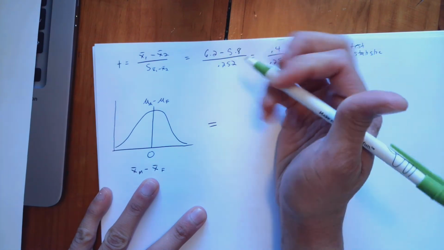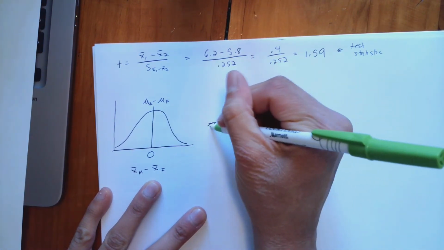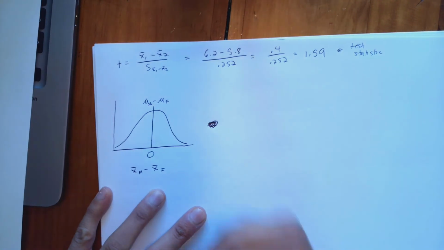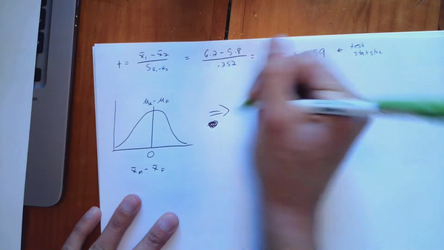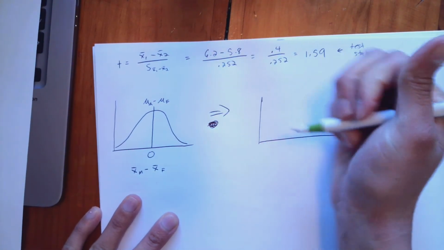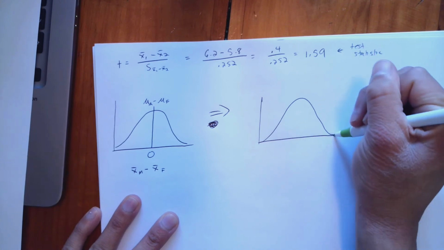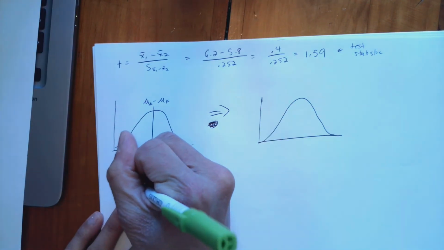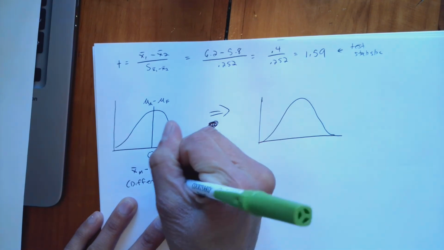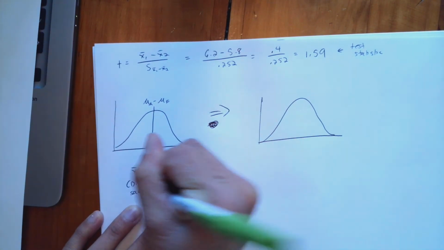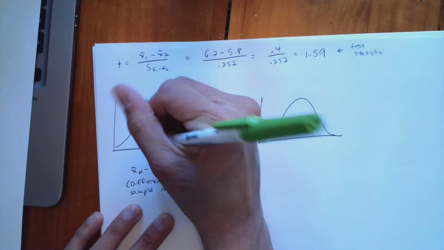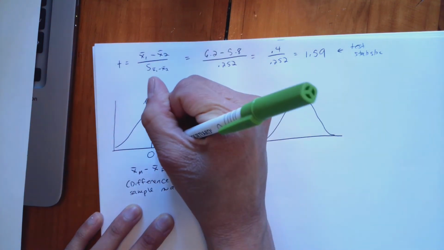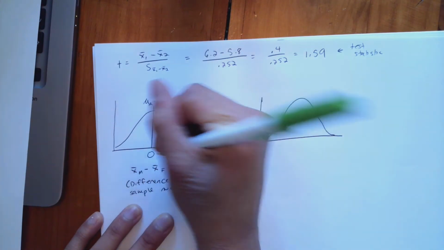And now what we're going to be doing is, instead of writing this in terms of the raw numbers, we're going to convert this to t-statistics. So this is the same idea as standardizing any other sampling distribution, where instead of having the difference in sample means at the bottom, we have a t-statistic. So this is our difference in sample means, and if we were to plot our actual difference in sample means on this, we had a difference in sample means of 0.4.